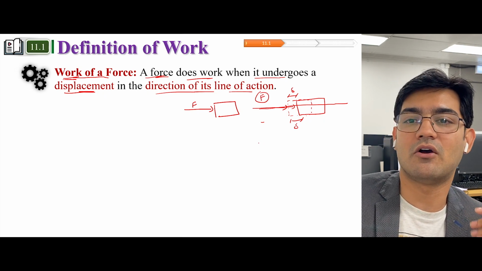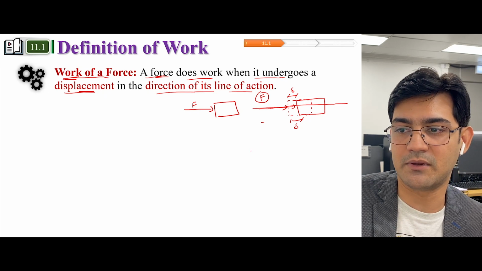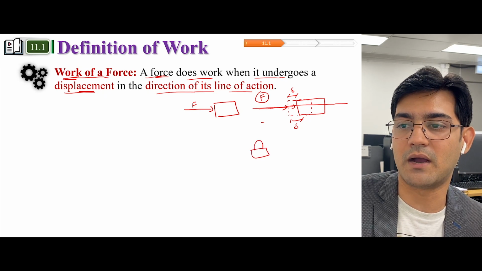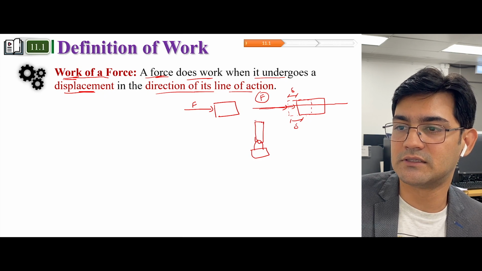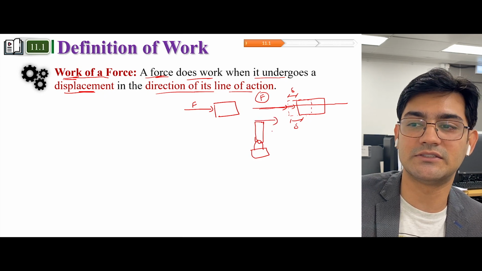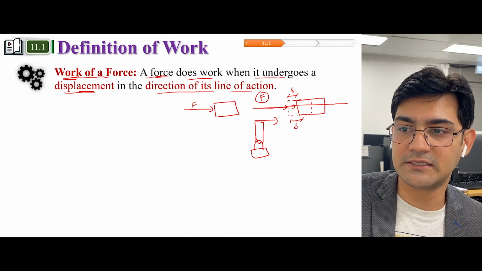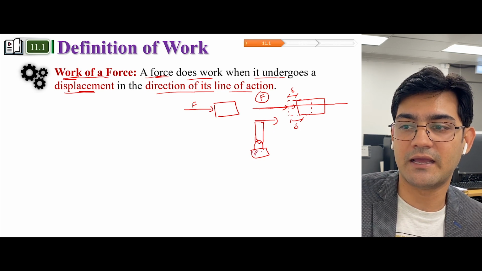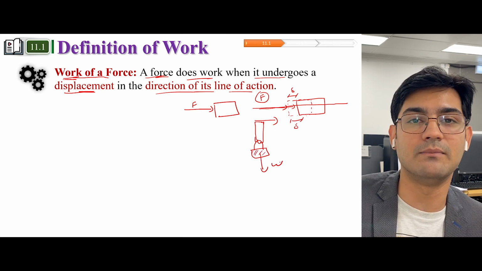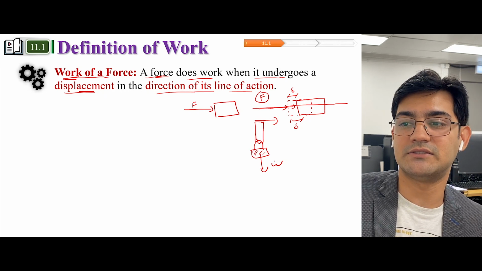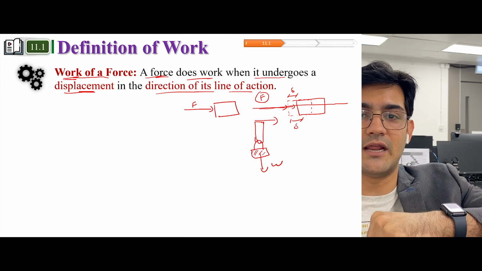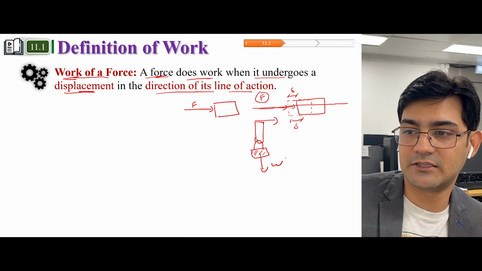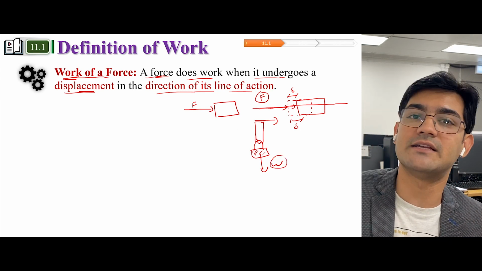So I will give you an alternative scenario. For example, let's assume a person is holding a bucket and moving in this direction, and this bucket has a weight W. The weight of the bucket is acting downward.